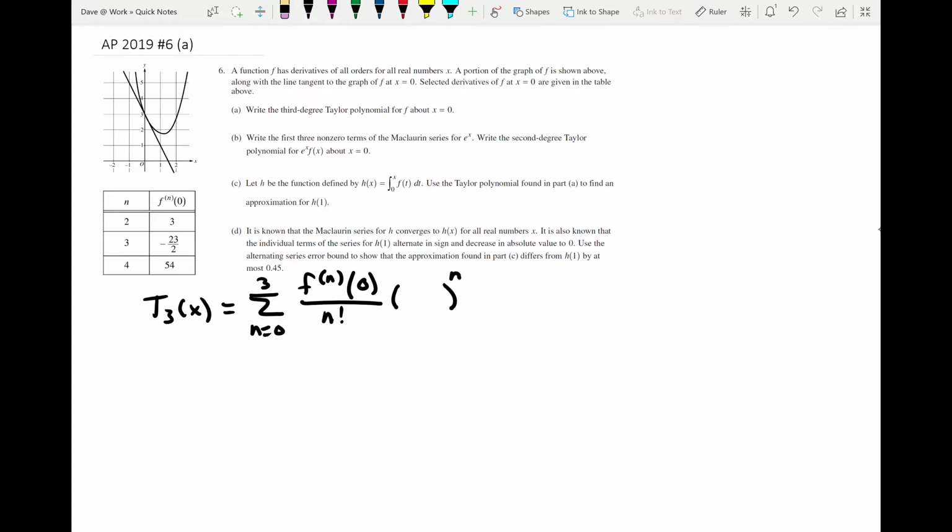We'll just quickly erase x minus 0 and rewrite it as x to the n. So we're going to need to figure out what f of 0 is, divide that by 0 factorial, and multiply that by x to the 0. But x to the 0 is, well, 1. 0 factorial is 1. So what we need to do is figure out what f of 0 is.